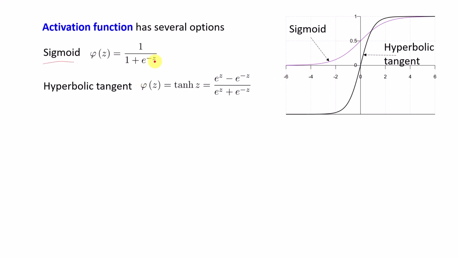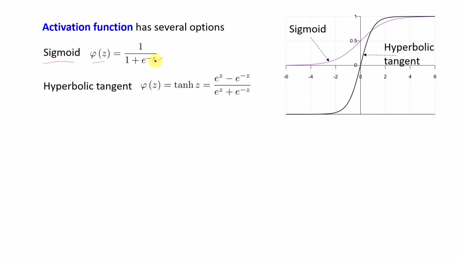You can see it from here. If this z takes a very large value, then e to the power minus z will be very small, closer and closer to 0. Then it will hit 1. So as z tends to infinity, the value of this sigmoid will be 1.